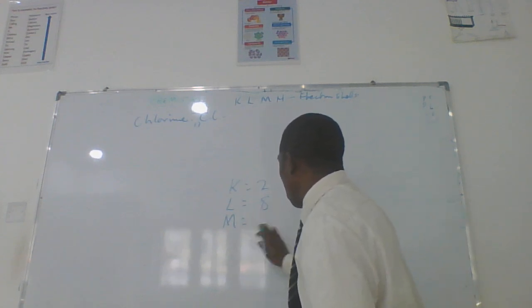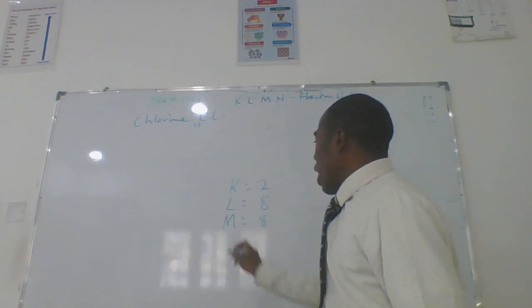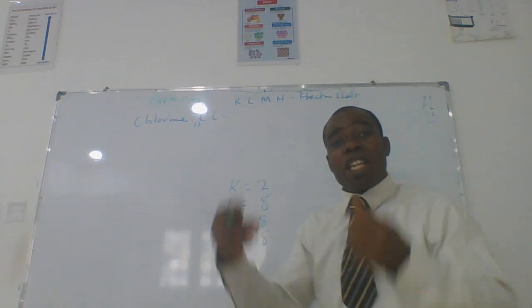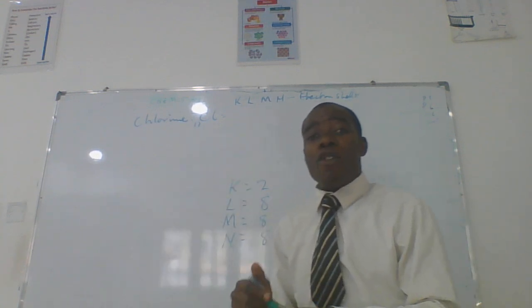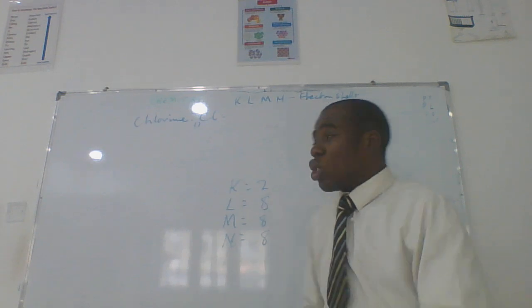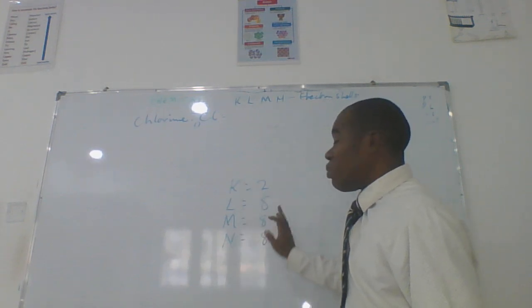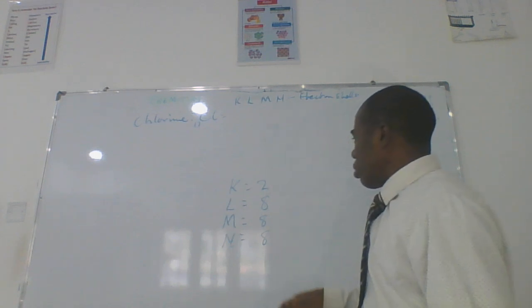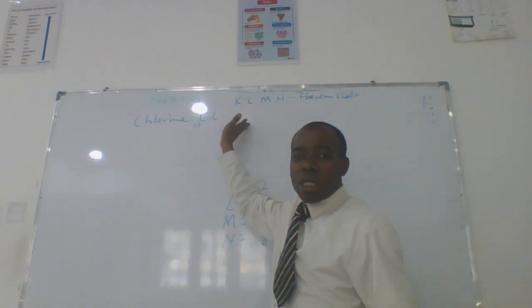So instead of writing 18, I put 8 here. Likewise for N, I put 8 as well to avoid confusion. Normally, if you follow the basic electron rule, it will be 2, 8, 18, and 32, just like that. Alright, now coming back to chlorine.